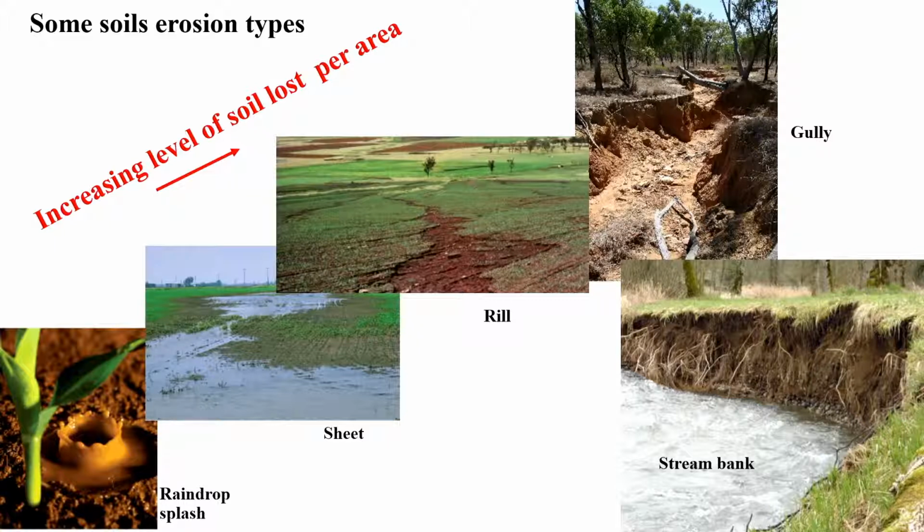Then as you get more and more runoff, you start to get sheet erosion, just shallow flows, and then when you get enough concentration of those flows, you start to get rills, and then they get more and more flow. They develop into gullies, and then into streams, and then you get stream bank erosion, stream bed erosion. And gullies can be quite major.